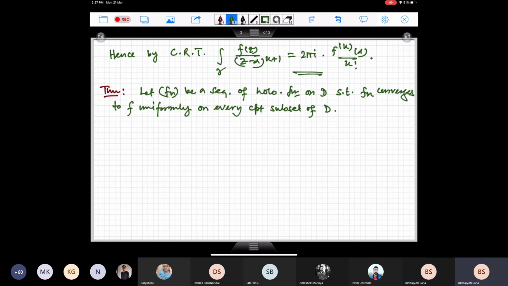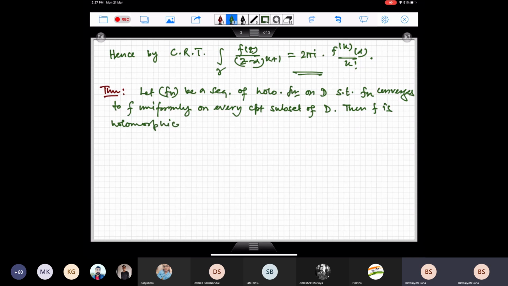F will be continuous, a little bit more than continuous. Anything else? Holomorphic on D. Yeah, very good. This we saw as an application of Morera's theorem. Because F is holomorphic on D, this we have already seen.